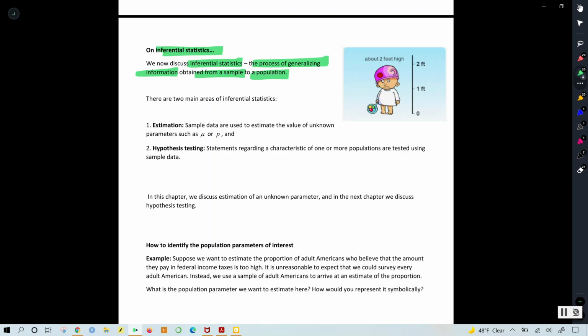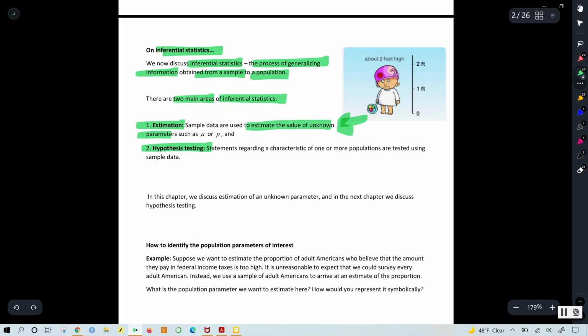In particular, in inferential statistics, there are two main areas of interest: estimation and hypothesis testing. For estimation, if we are interested in estimating or finding the value of an unknown parameter or population characteristic, such as the population mean or the population proportion, then we're interested in an estimation process.